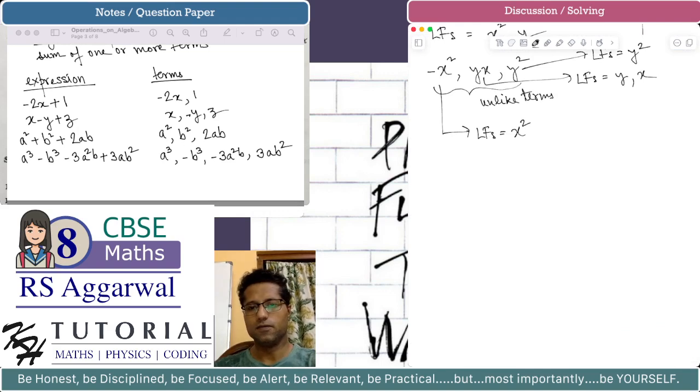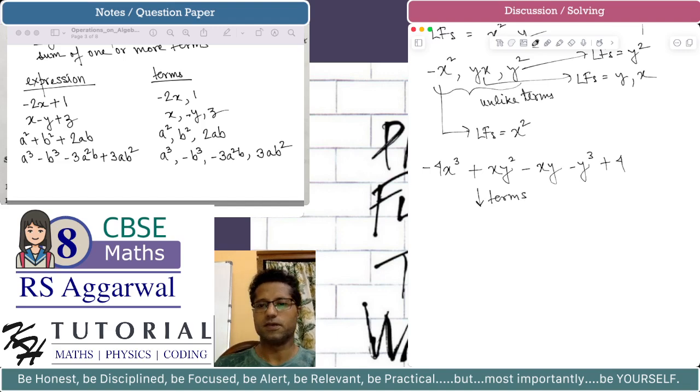Let's say a given expression is minus 4 x cube plus x y square minus x y minus y cube plus 4. So this is an algebraic expression. What are its terms? The terms are minus 4 x cube, x y square, negative of x y, negative of y cube, and 4.